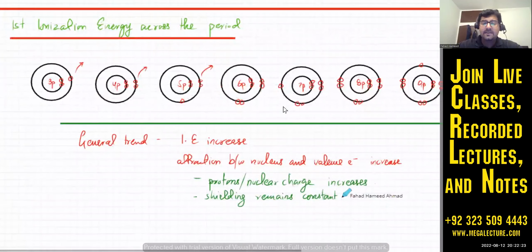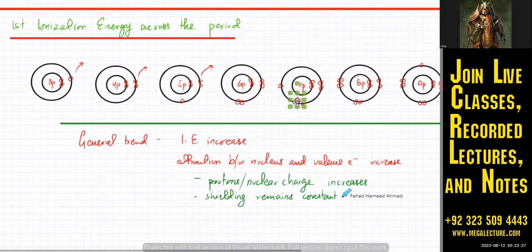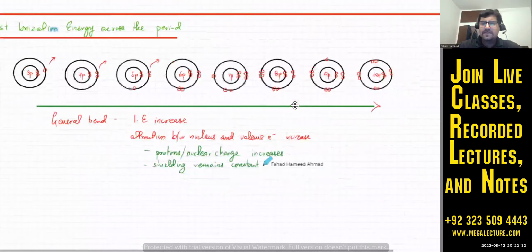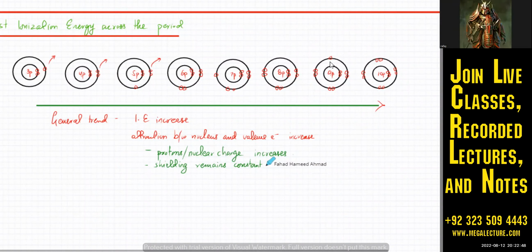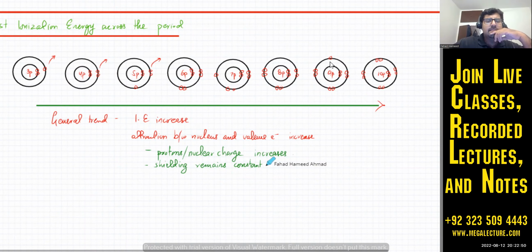Over here, you're removing electrons again from the second shell. So how does it decrease? Because all the atoms look kind of the same size. Same size? All of them are exactly the same size. So is the distance changing or not? Sir, it remains reasonably constant. Reasonably constant, but there's a slight decrease.